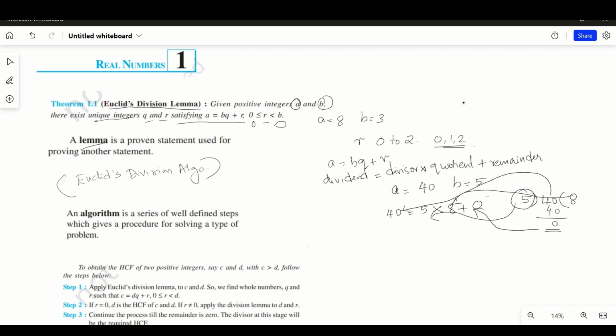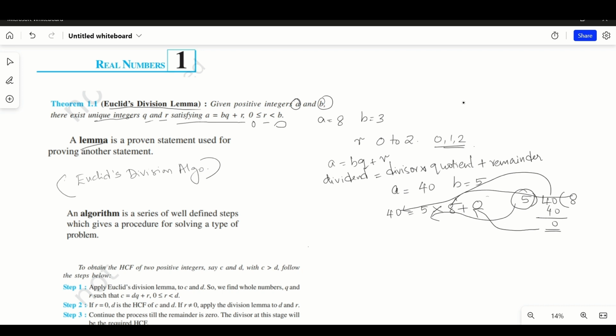Euclid's division algorithm is a technique used to compute the highest common factor when two positive integers are given, that is, the HCF of two positive integers can be found using Euclid's division algorithm. What do you mean by algorithm? An algorithm is a series of well-defined steps which gives a procedure for solving a type of problem.